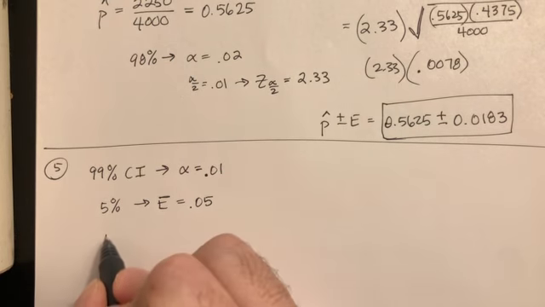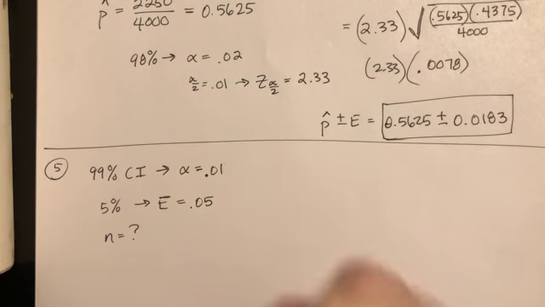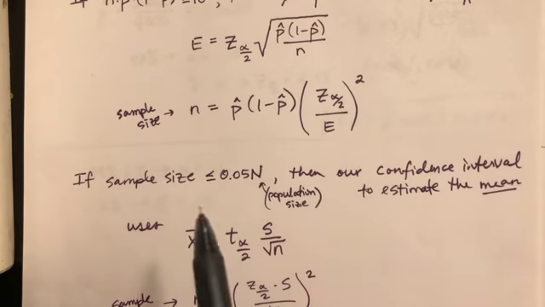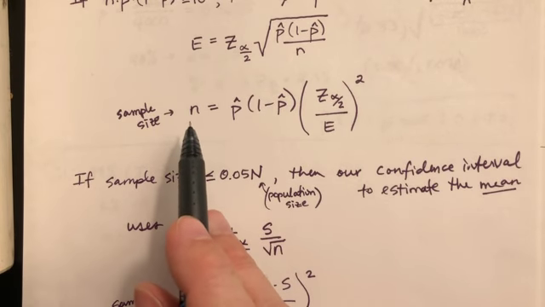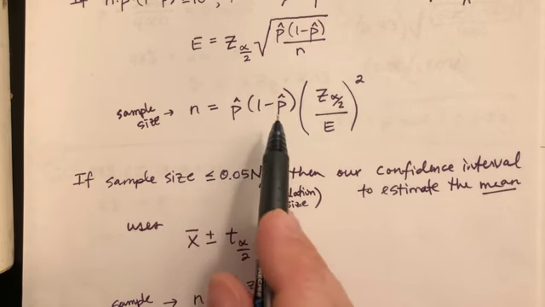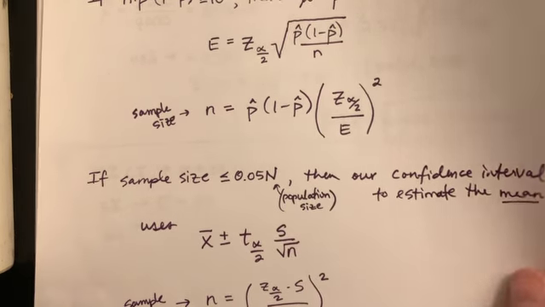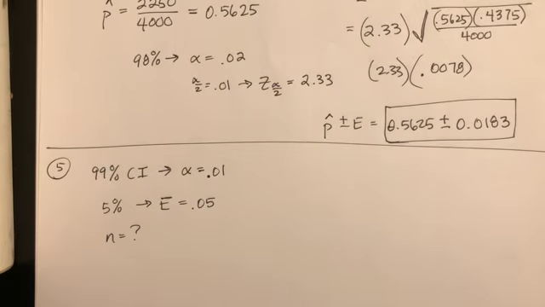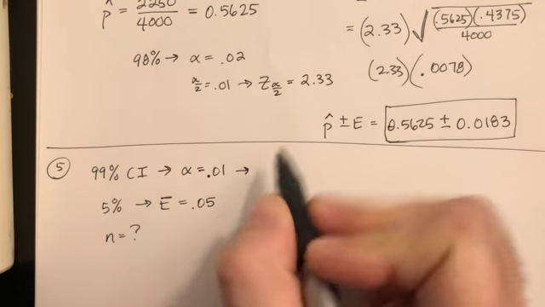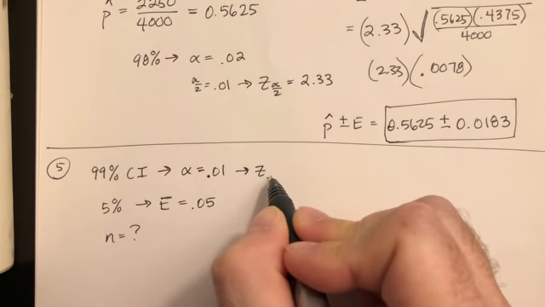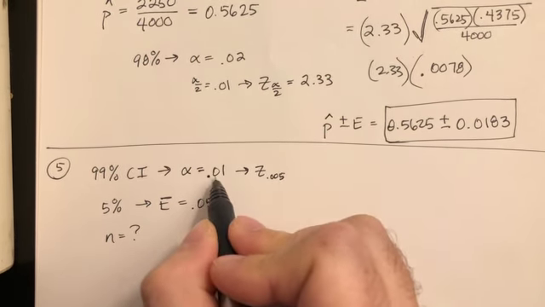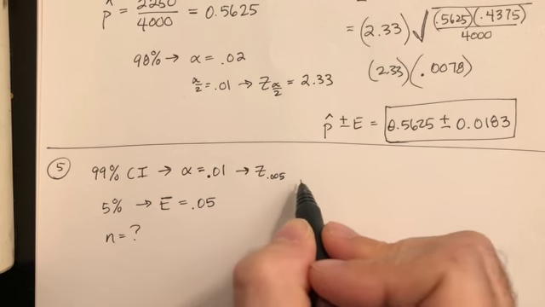So they want N. What is N? Sample size has a formula: p hat times 1 minus p hat, times z alpha over 2 divided by E, squared. So I need to find my z alpha over 2. This would be the z of 0.005, that's 0.01 divided by 2.